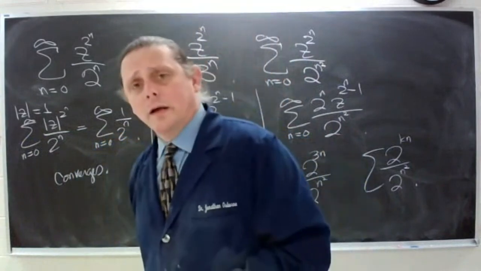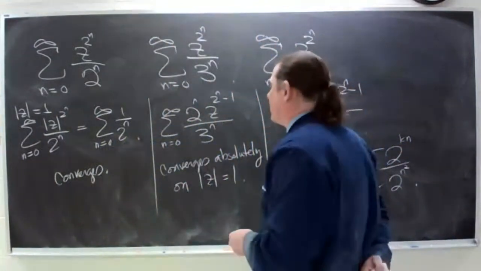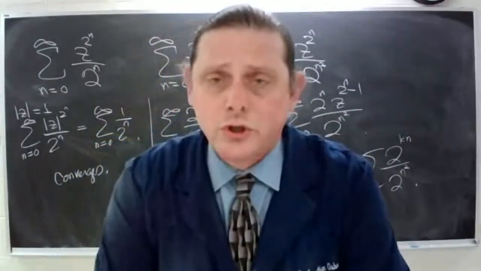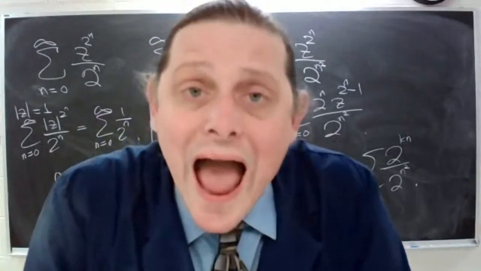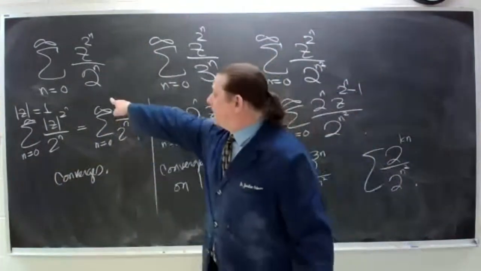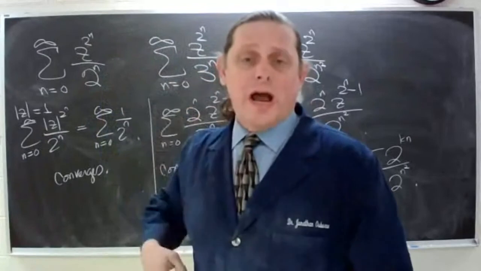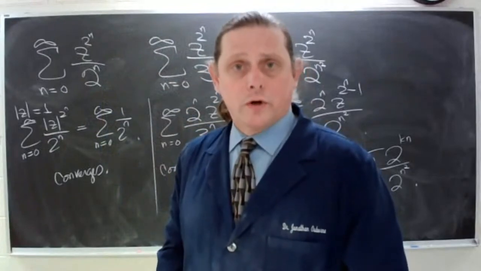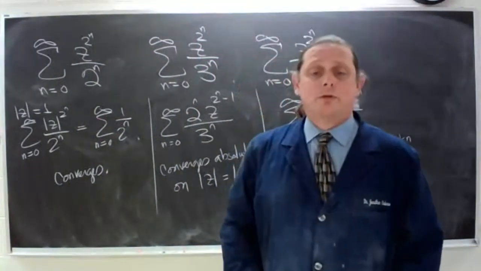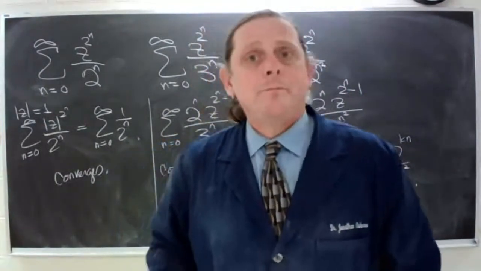Okay? So we've got 3 functions, 4 if you include the z to the 3 to the n, that all have the same disk of convergence. All of them converge absolutely on their circle of convergence. This one has a derivative that does not converge absolutely on the circle of convergence. This one has a derivative that converges absolutely on the circle of convergence, but its second derivative doesn't.